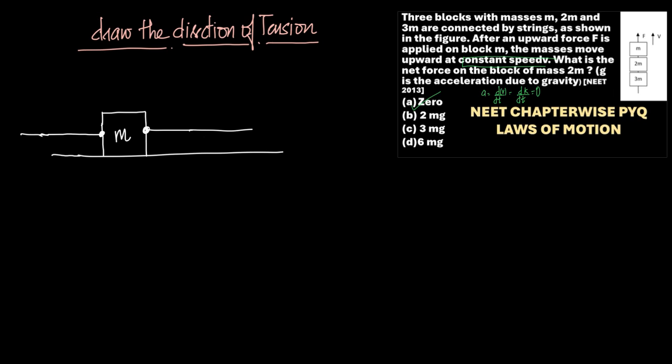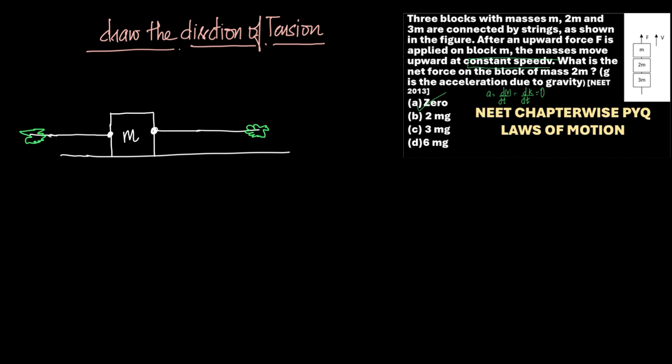And suppose that these are fingers wrapping this rope here. Why fingers? Because we need a point of contact. So what is the direction of tension? It's pretty straightforward.